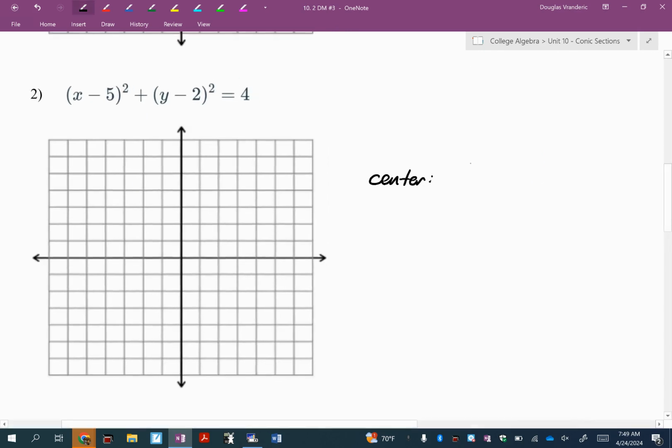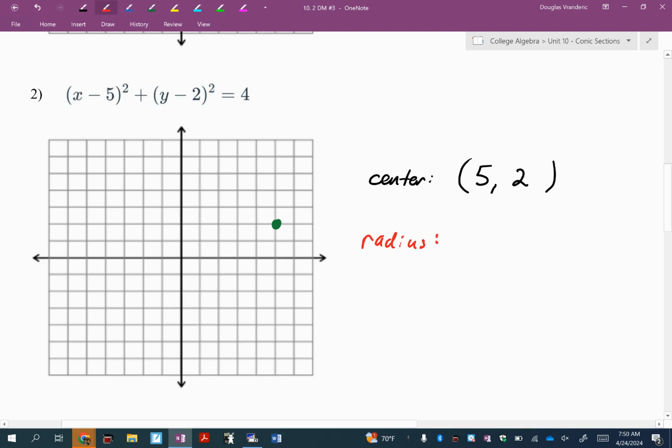Gladys, what is the center? Positive 5. Nice. Positive 5 and positive 2. So let's graph that. And then, Michael, what is the radius?